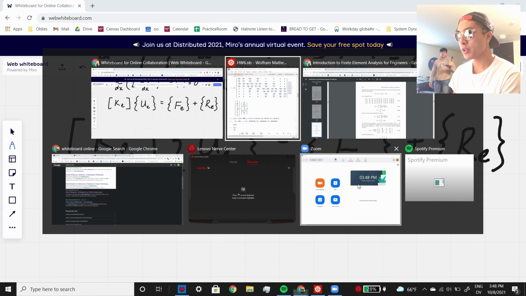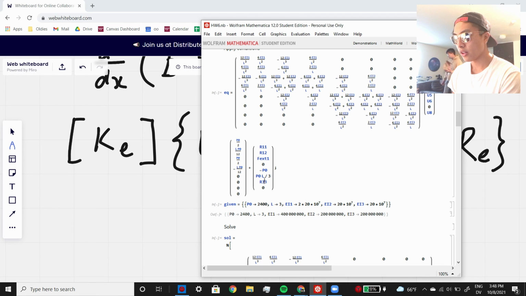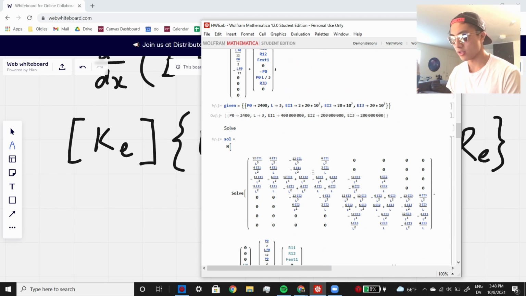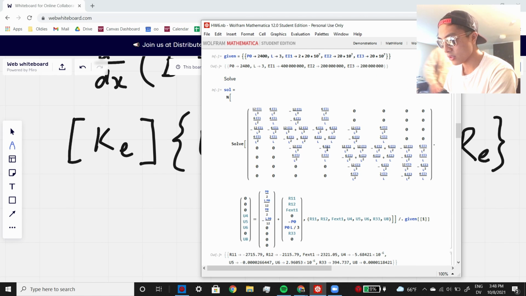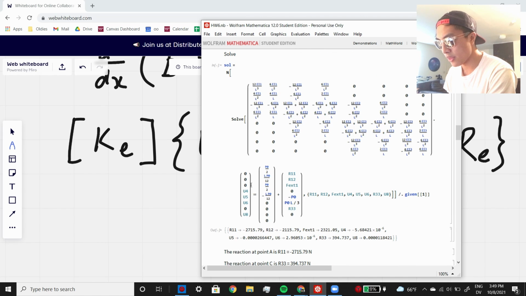And so from there, we have 1, 2, 3, 4, 5, 6, 7, 8 unknowns and 8 equations. Let's just review that again. This is where I'm solving. So let's take a look. This is unknown, this is unknown, this is unknown, this is unknown, this is unknown, this is unknown, this is unknown, this is unknown.